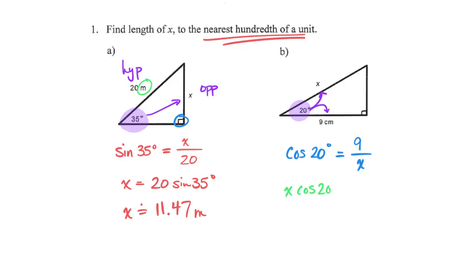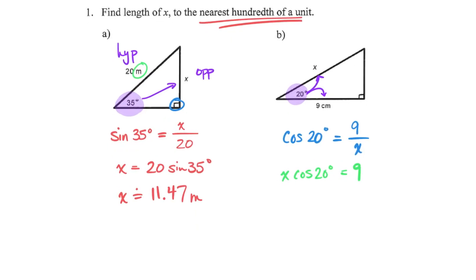I never have to see that line as part of your solution. Because you'll notice, for me to solve for x, I have to get rid of a times by cos 20, so I need to divide by cos 20.